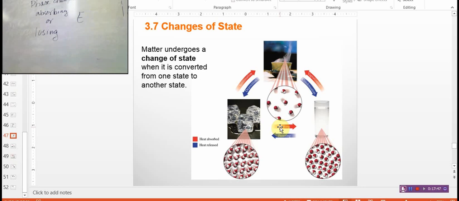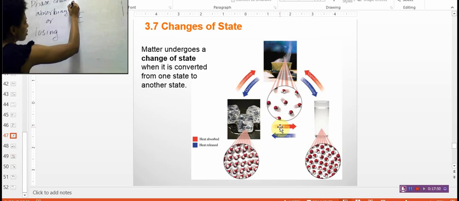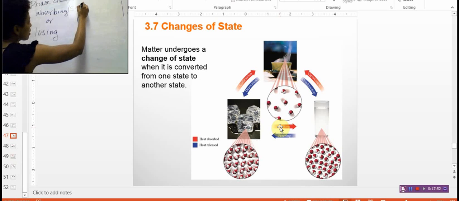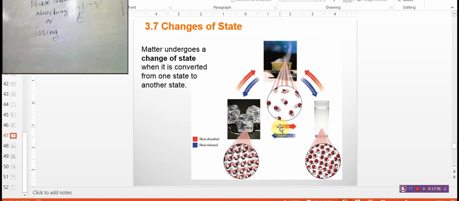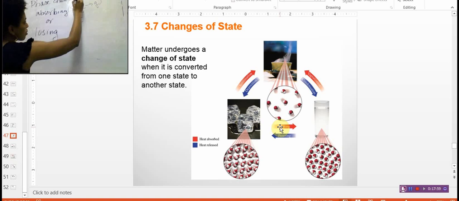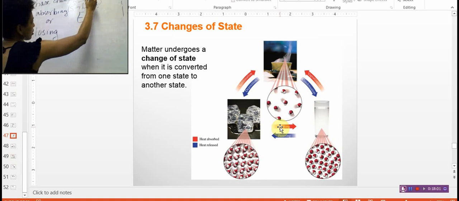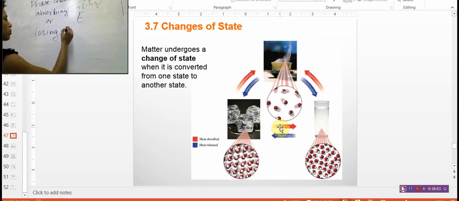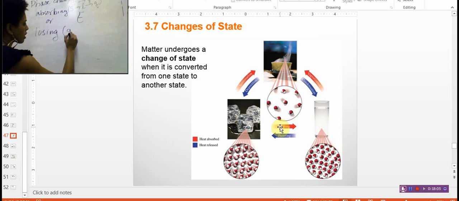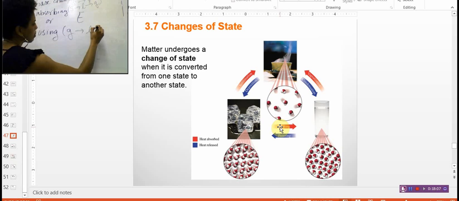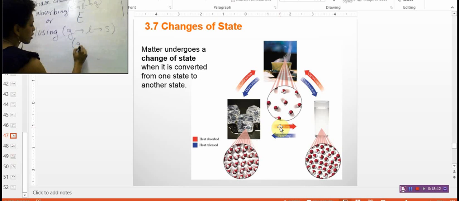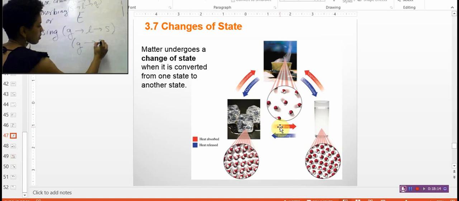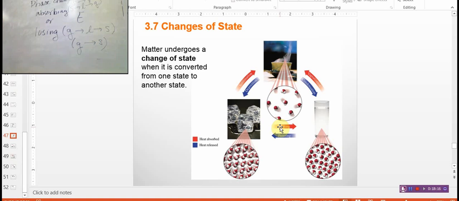So if I'm absorbing energy, I'm going to be going from a solid to a liquid to a gas. Or I can go directly from a solid to a gas. If I'm losing energy, I'm going from a gas to a liquid to a solid, or directly from a gas to a solid. And we're going to take a look at what each one of these are.